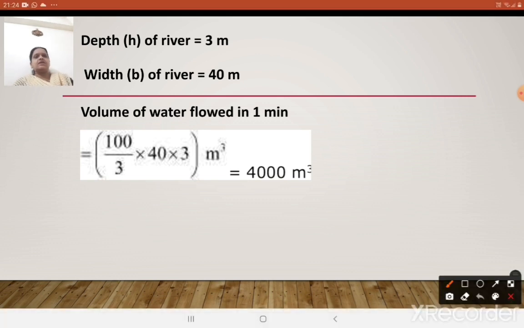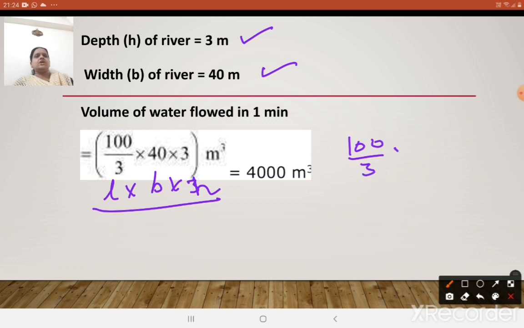Because this 100 upon 3 is the length value, breadth is given as 40 and 3 is your height. So by using length, breadth and height, L into B into H, 100 upon 3 into 40 into 3. So 3 and 3 will get cancelled. So 4,000 meter cube is your answer.